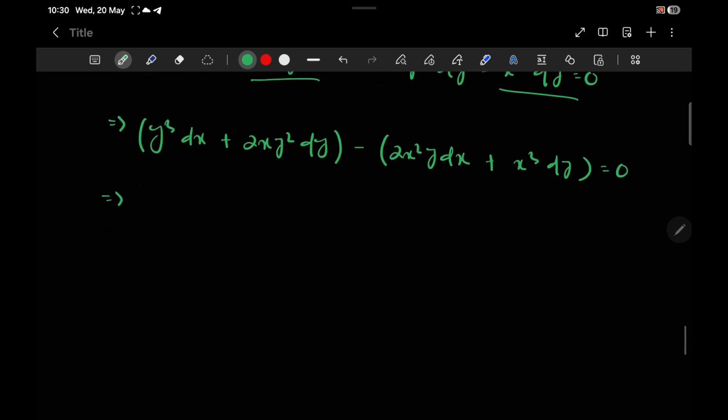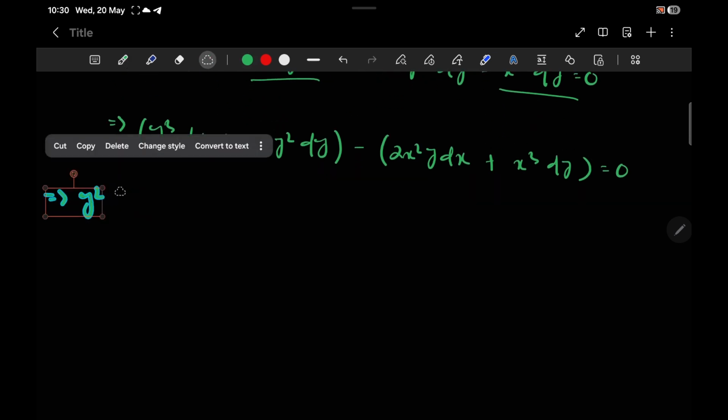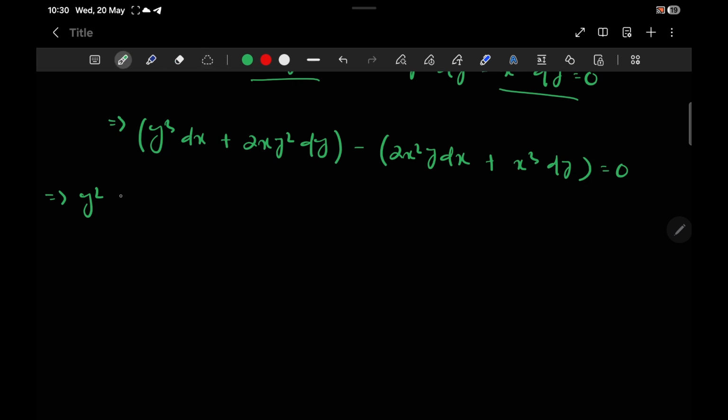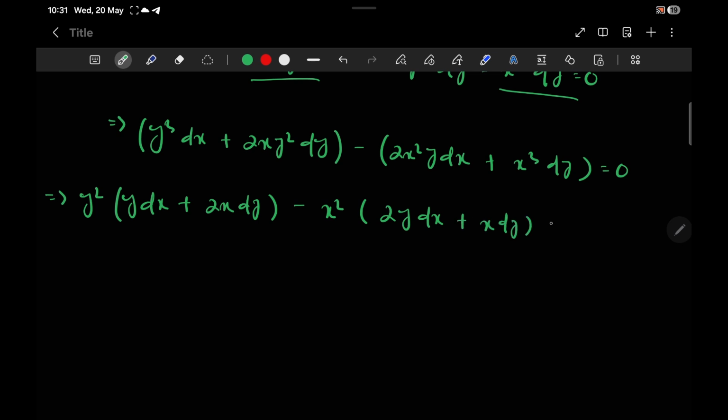So let's take y square common here, that becomes y square into (y dx plus 2x dy) minus, and let's take x square common here, so that will become x square into (2y dx plus x dy) is equal to 0.